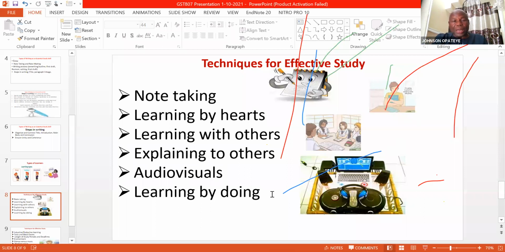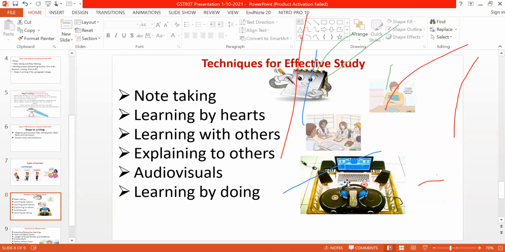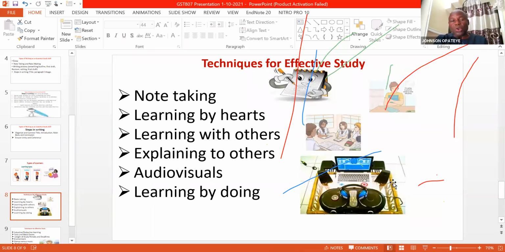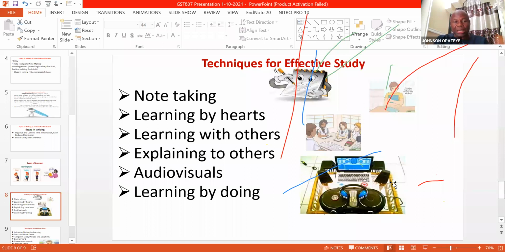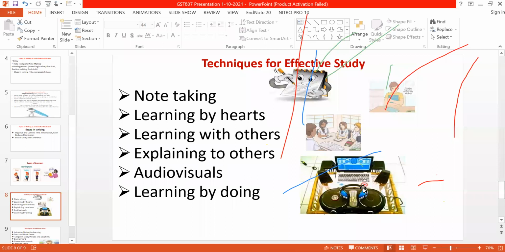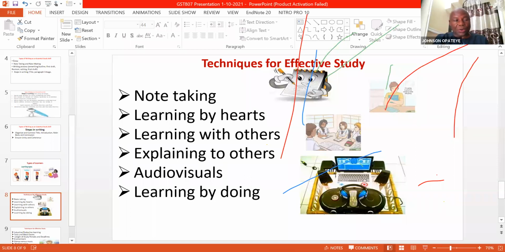There are some that actually use audiovisual. They use a microphone, they use a computer that shows images, they watch television, they listen to radio, and so on. Those ones are also audiovisual learners. They use both audio and visual to learn. And we have some people that learn by doing, and those are the tactile learners.